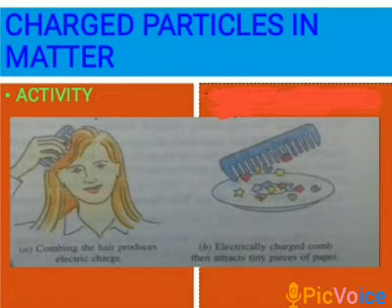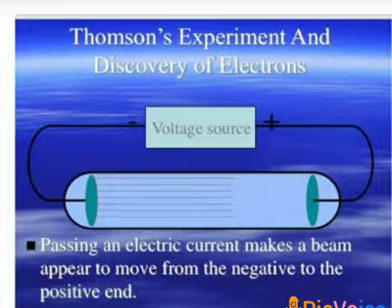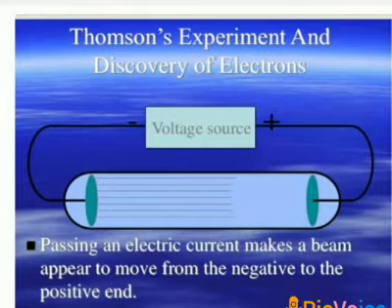So the atom is divisible. Okay. Now, discovery of electron. The existence of electron in an atom was shown by J.J. Thomson in 1897.